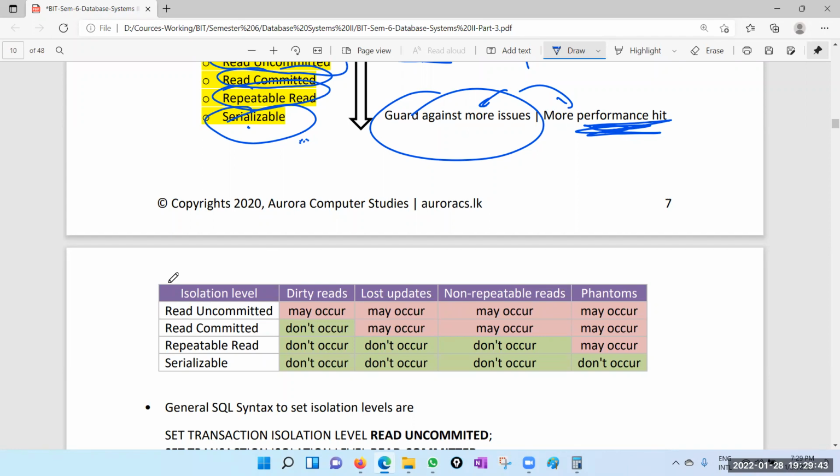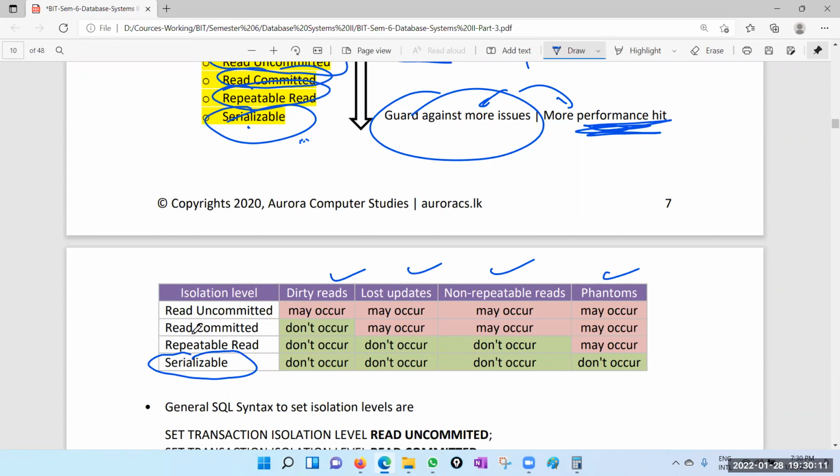Usually by default, it is serializable. If it is serializable, all 4 issues are prevented: dirty reads, lost update, non-repeatable reads, and phantom.